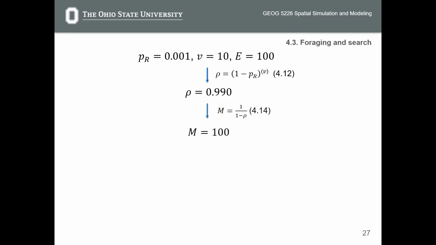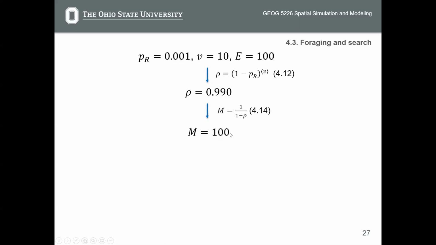And then according to equation 4.14, what's the expected number of steps to find food? Which means to finish a search, it is 100 steps. It means that usually, given this PR value and vision, you are expected to move 100 steps to finally find food. Okay, that's M.